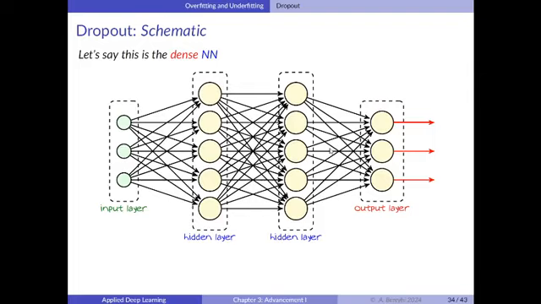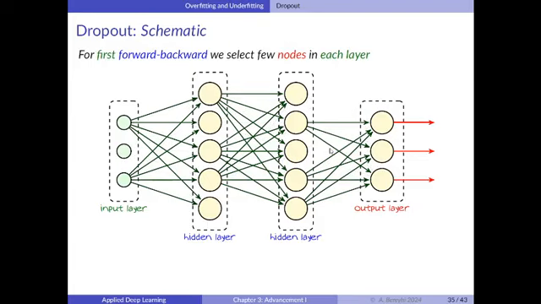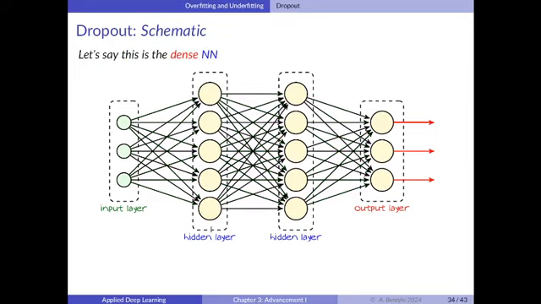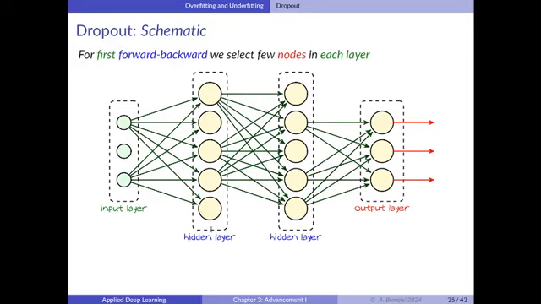As you can see in this network, it is dense. All of the nodes are activated, but as you can see here, some of the nodes are deactivated. Compare it. This node is deactivated, it has no outputs.